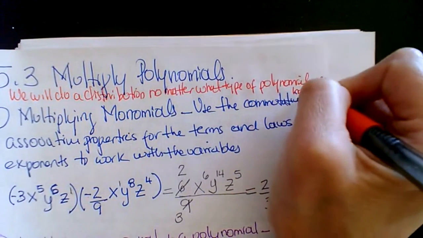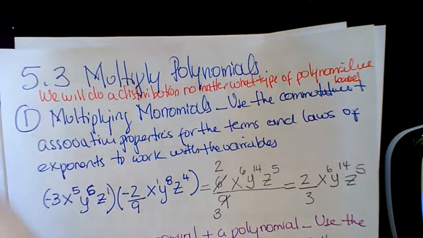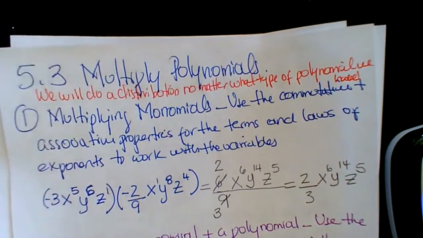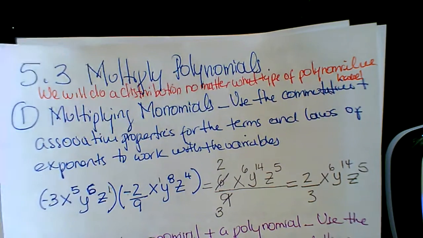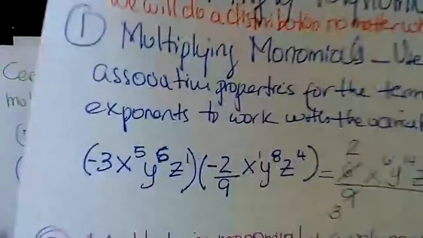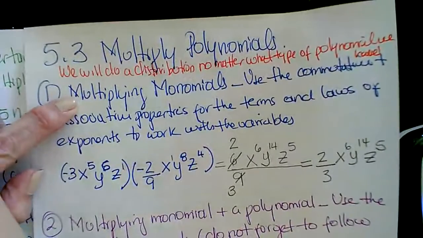Don't forget that, okay? We're always going to be doing distribution. And there are going to be plenty of exercises that you're going to find in your book. So we multiply a monomial by a monomial.